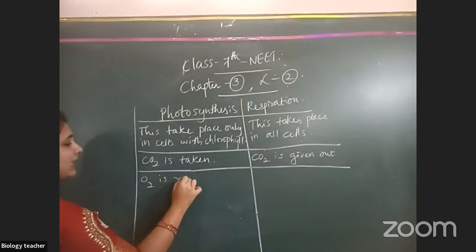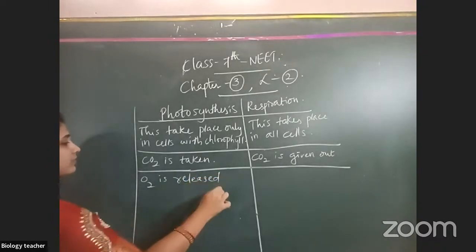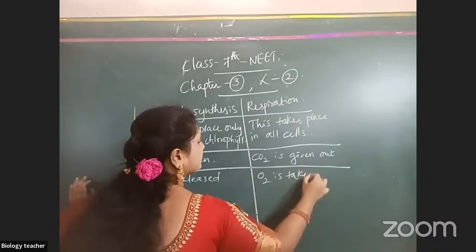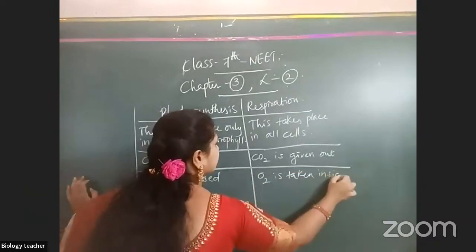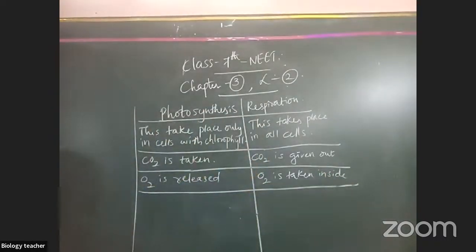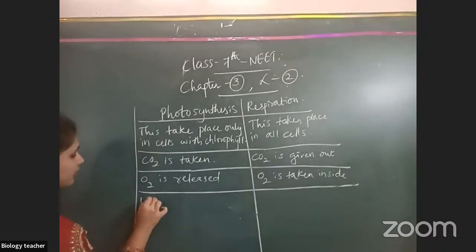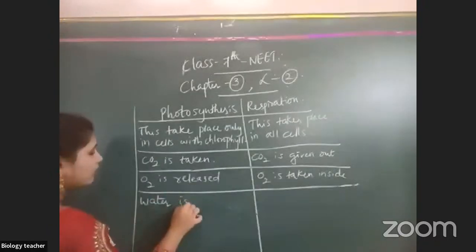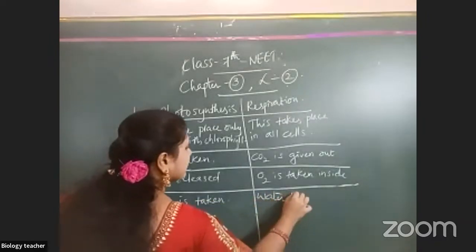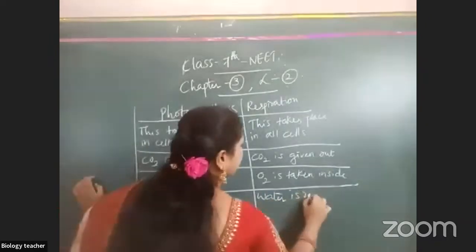In photosynthesis oxygen is released; in respiration oxygen is taken inside. Water is taken in photosynthesis; water is released in the form of water vapor in respiration.